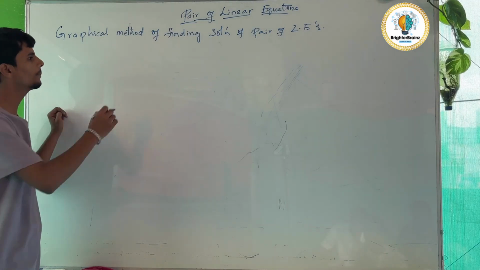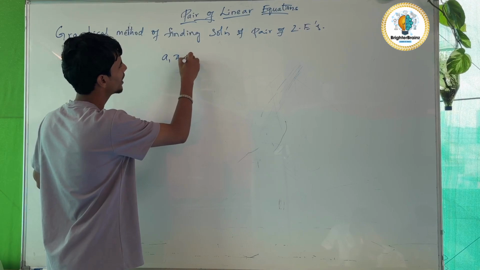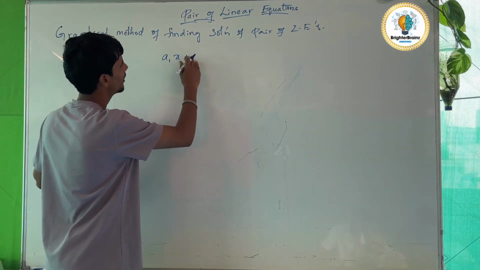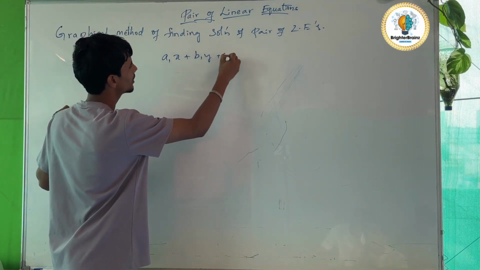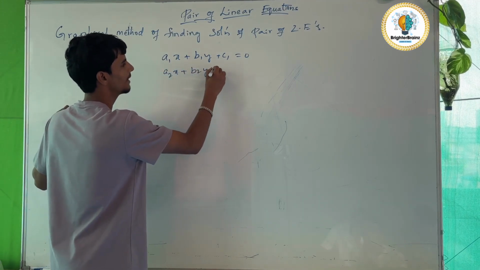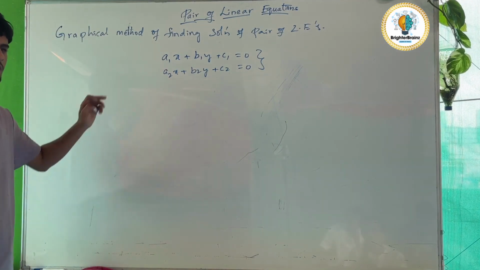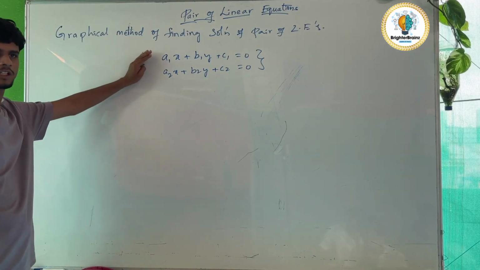A pair of linear equations is nothing but a1x plus b1y plus c1 equal to 0 and a2x plus b2y plus c2 equal to 0. These are the two linear equations, the pair of linear equations.